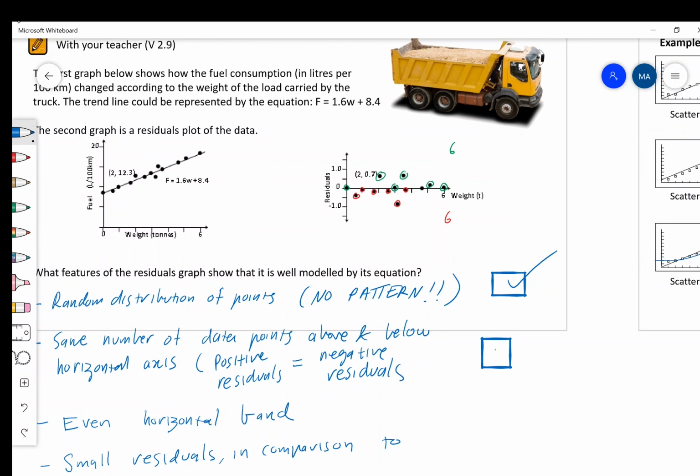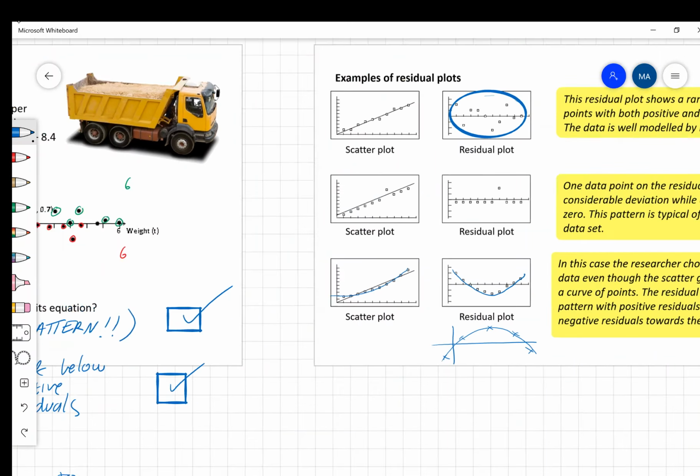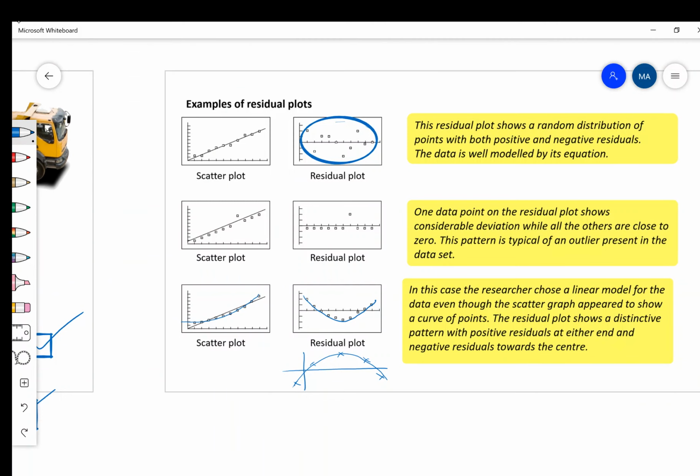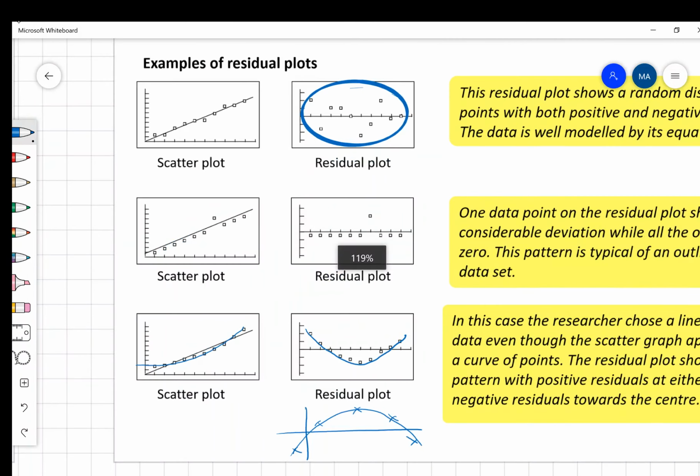So far, this is looking like a good residual plot, or a residual plot that indicates a good model, rather. Now, why is that important, the same number of points above and below the horizontal axis? Well, one case we could look at is the case of there being an outlier. All right, this outlier here.